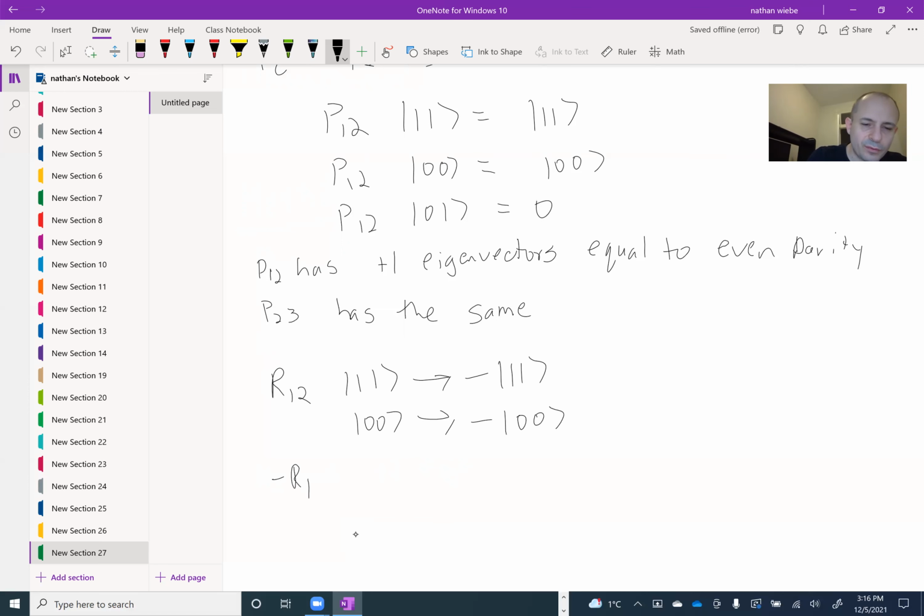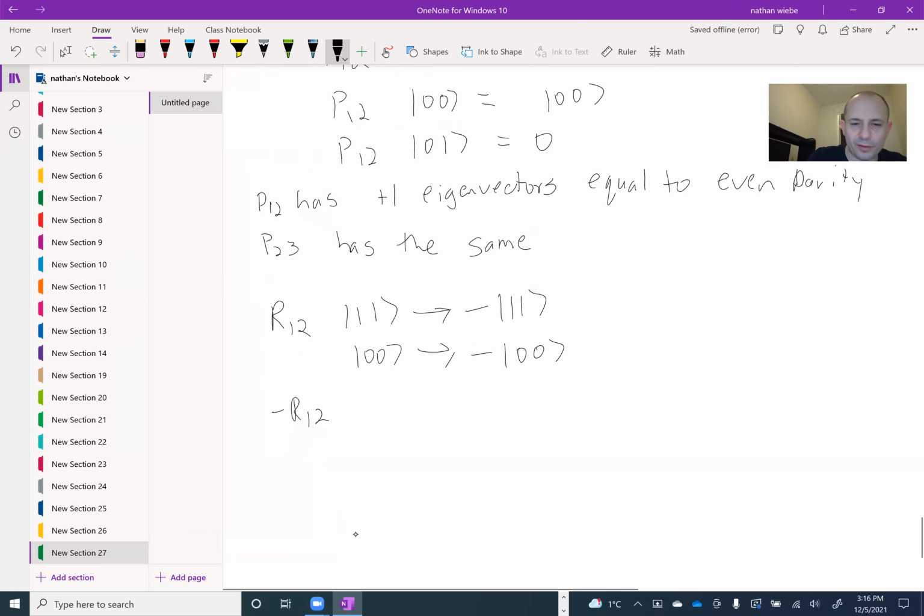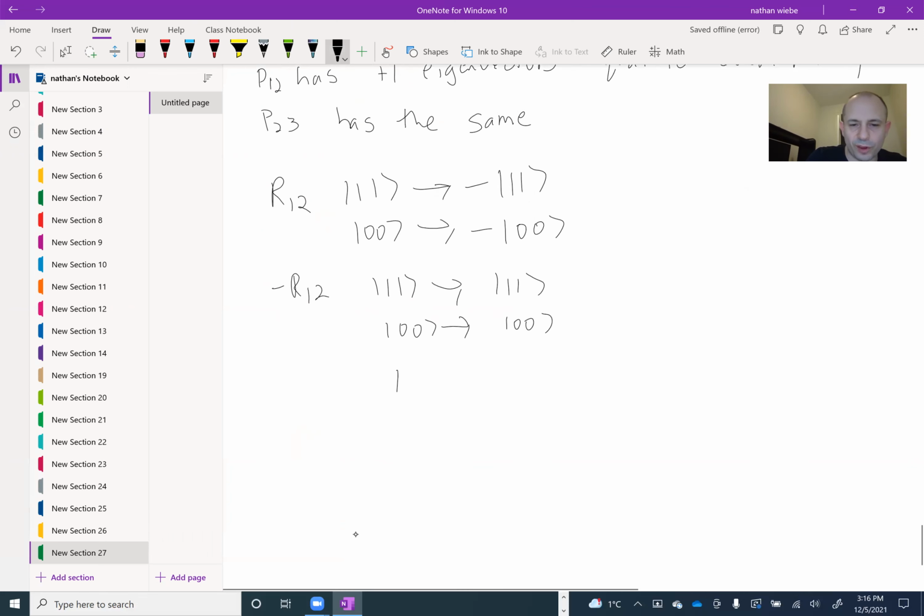Or negative R12 has to map 1, 1 to 1, 1 and 0, 0 to 0, 0. And of course, I forgot to mention 0, 1 has to go to -1, 0. So that is how we can end up viewing the R12 operation.